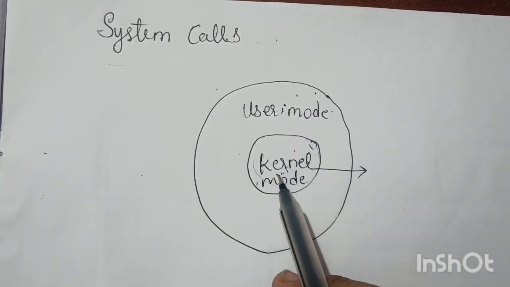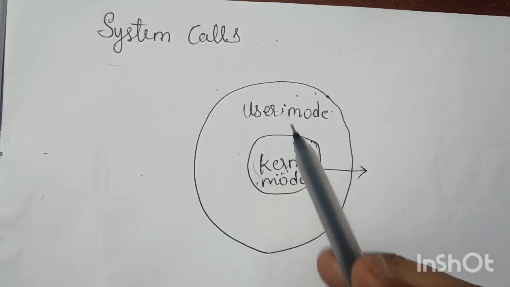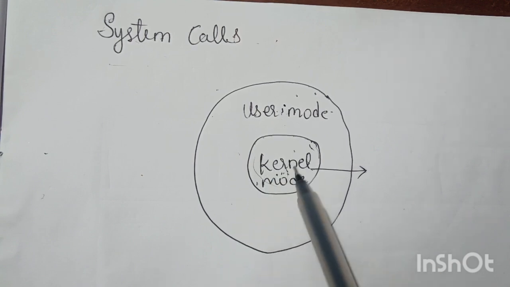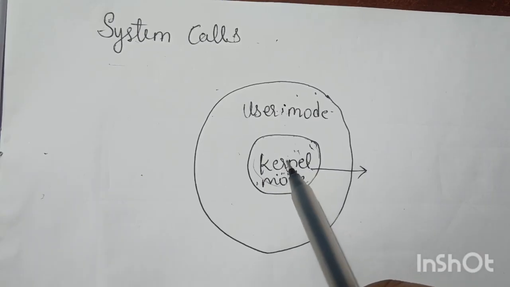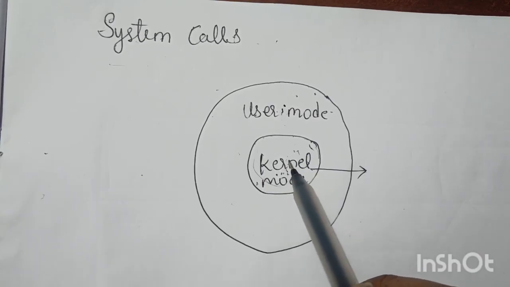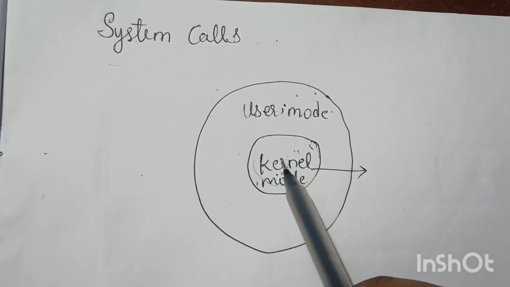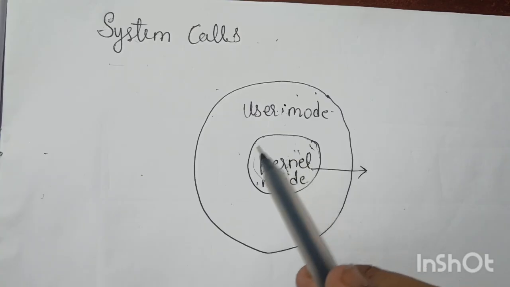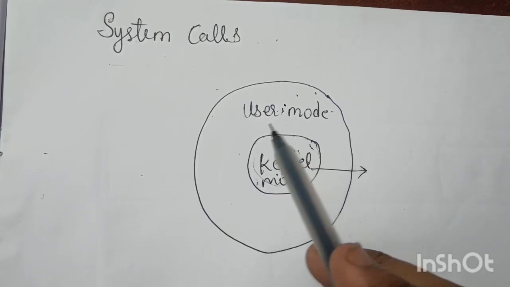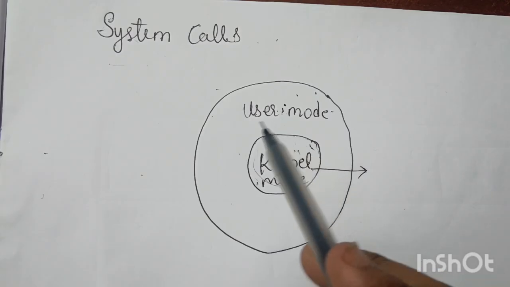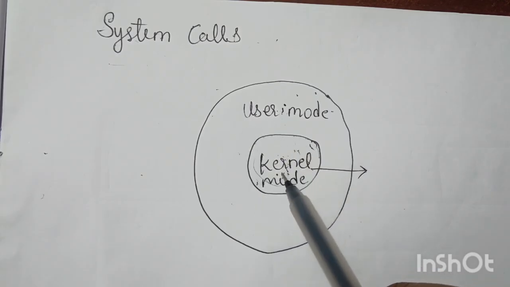Say, as a scenario, if the program we have to execute is in kernel mode and has started its execution, and as it has direct access to the hardware or memory, maybe while executing, that program crashes. When a program in kernel mode crashes, there is a chance that the entire system might crash.